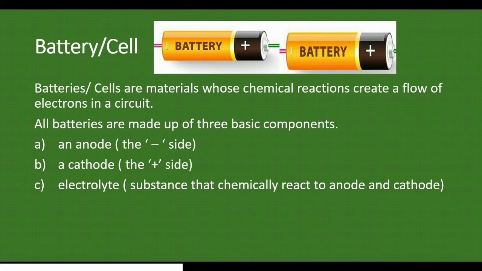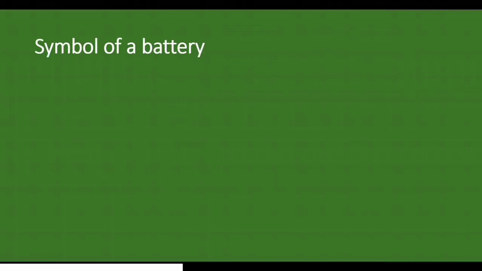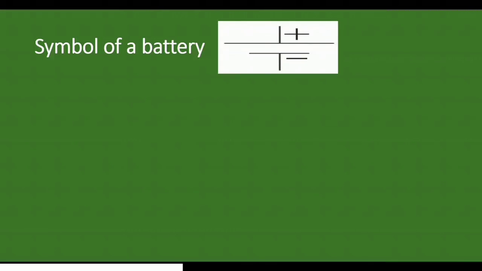The next one is known as the electrolyte, and the electrolyte is a substance that chemically reacts with the anode and cathode, and when they react together, it is able to release the chemical energy out of the battery. Now let's look at the symbol of a battery.